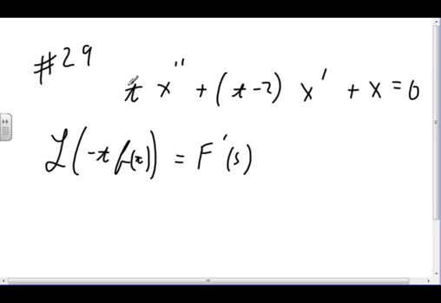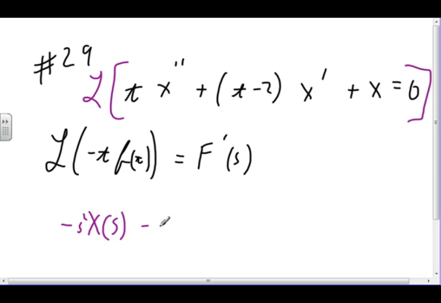Okay, so if I take the Laplace transform of everything I see there, I'm going to have a minus x of s, s squared, X of s, minus s x at 0 minus, that's going to be plus, x prime at 0, and I want the derivative of it.